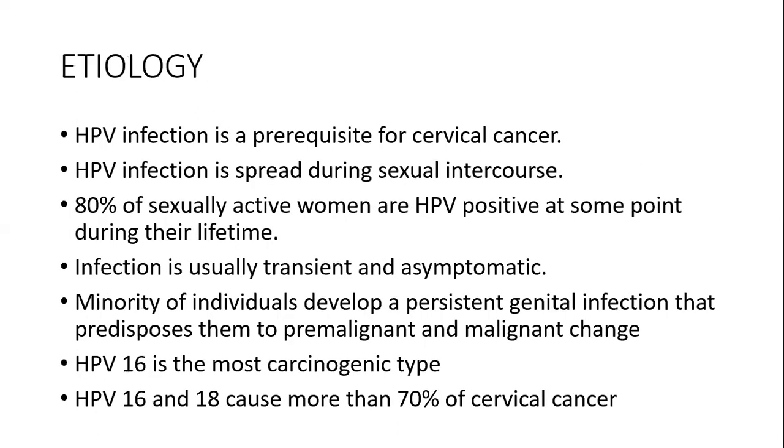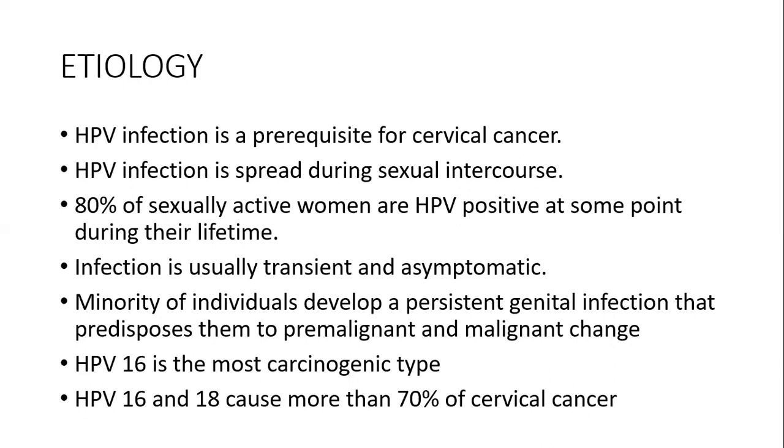So how does this cervical cancer come about? It's caused by the human papilloma virus, which is the HPV. HPV infection is a prerequisite for one getting cervical cancer, and its mode of spread is through sexual intercourse. It's shown that 99.7% of all cases of cervical cancer are through HPV infection.